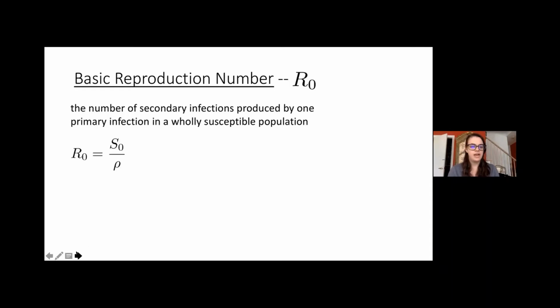And the way you find that is you take your initial susceptibles and you divide it by rho. And so I did that for our values, and you get a number about 3.7. What this means is that for every infected person, if they were allowed to be just in the susceptible population, almost 4 people would get sick every time they were in the susceptible population.